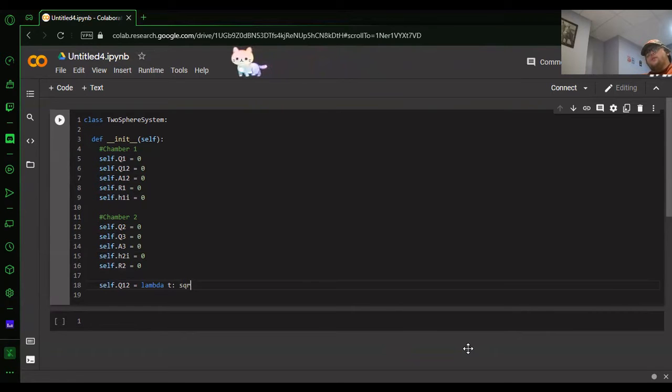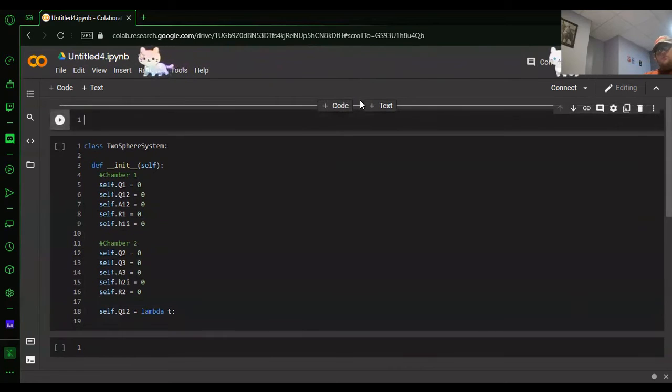So I need to go up here real quick, and we're going to import JAX's NumPy, JNP.